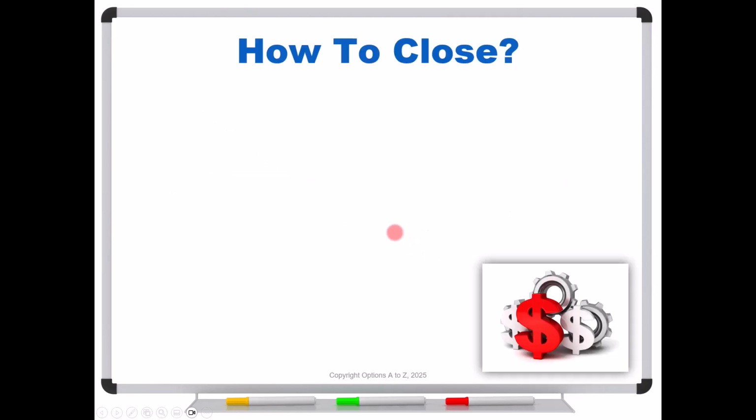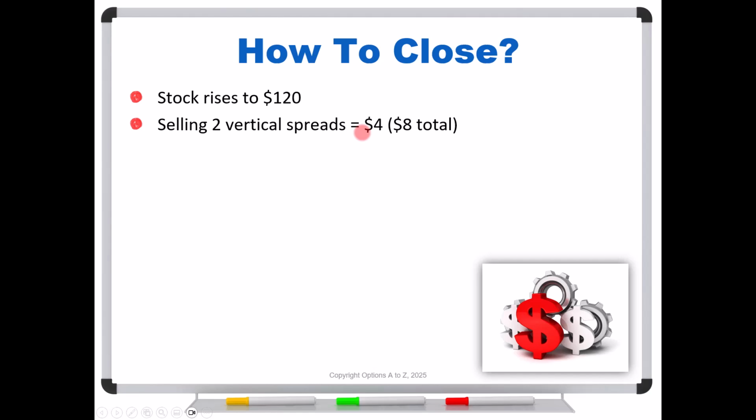All right, so the main question that this trader was asking, well, how do we close this thing? Now I've got this short stock position with the stock going up. Well, it doesn't matter. Let's say the stock rises to 120. We sold off two vertical spreads, let's say at $4 each or $8 total. So we've collected 3 per roll.